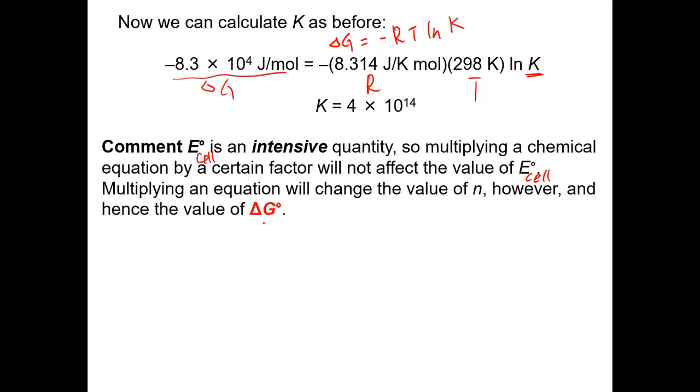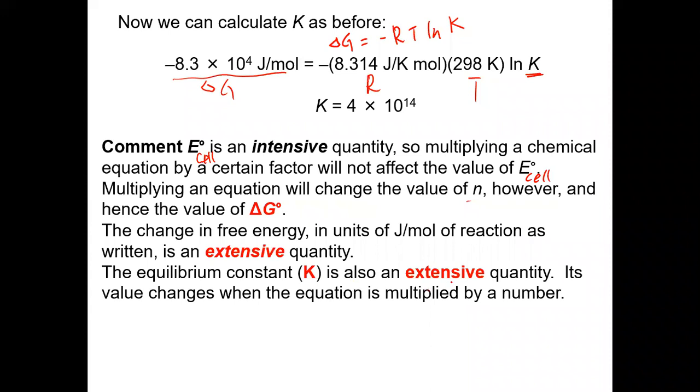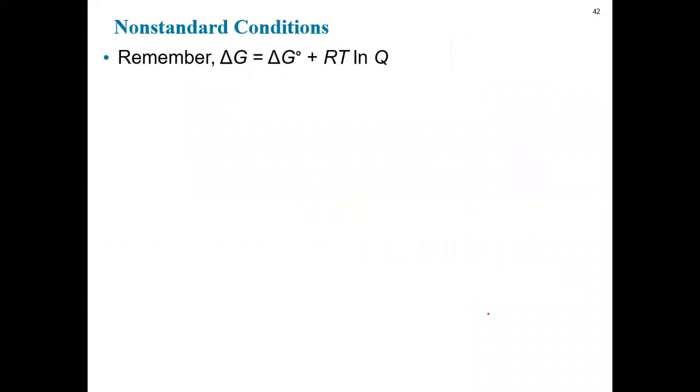But delta G is extensive, so multiplying the equation will change the value of n, and therefore the value of delta G. So does the K. K is also extensive. So when you multiply the equation by some number, you will change the value of K. All right. Any questions?